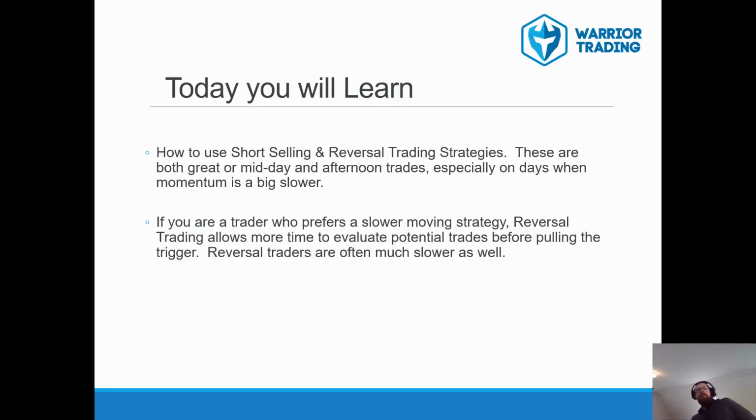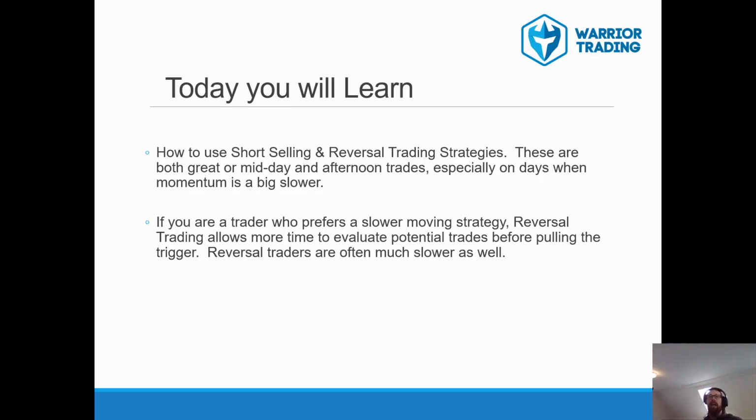So what you'll learn today is how to use short selling and reversal strategies to capitalize on the imbalances that we see between buyers and sellers that get stocks really, really extended to the upside. Now, obviously, if stocks are really extended to the upside, there's the inevitable move that they will have back down towards sort of equilibrium. It's just going to take time.